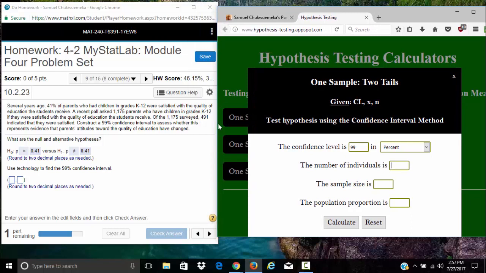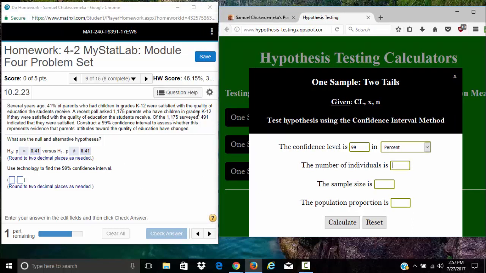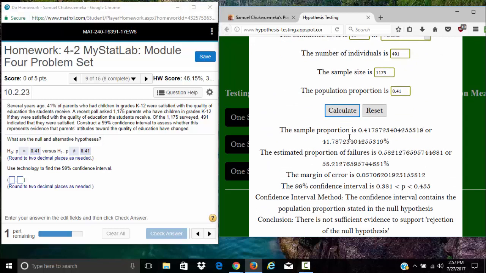The X of the 1,175 surveyed, 491 is the number of individuals with the specified characteristics. Sample size is 1175. And the population proportion is 0.41. Calculate. So when you click calculate, you see all these.